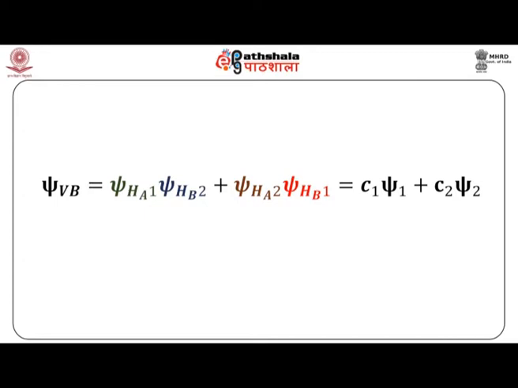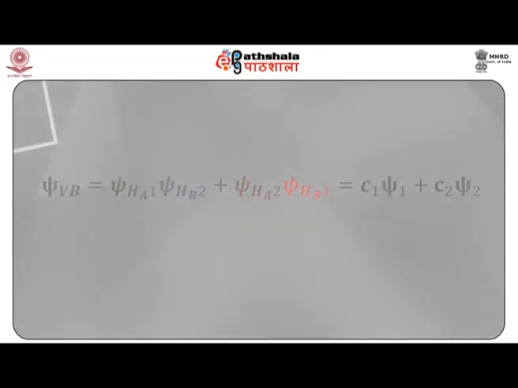Now the second possibility is where electron 2 is around nucleus A and electron 1 is around nucleus B. Therefore, we are taking the linear combination of both the possibilities, and it can be written in a general form: psi valence bond is equal to C1 psi 1 plus C2 psi 2.